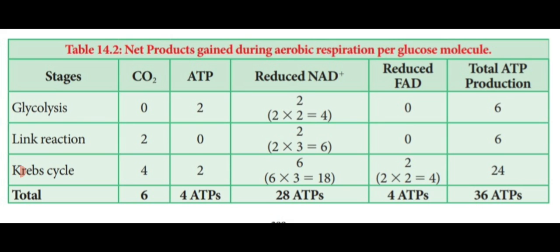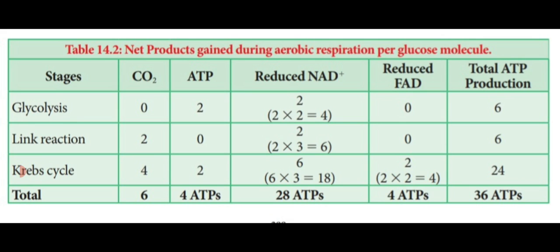So overall, carbon dioxide released is 6 molecules. ATP is 4 ATPs. Reduced NAD produced 28 ATP molecules. Then reduced FAD produced 4 ATP molecules, totally 36 ATP.